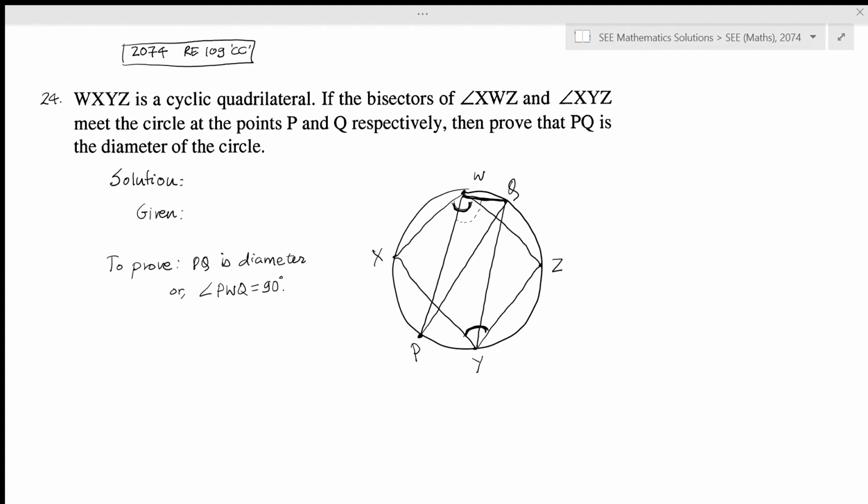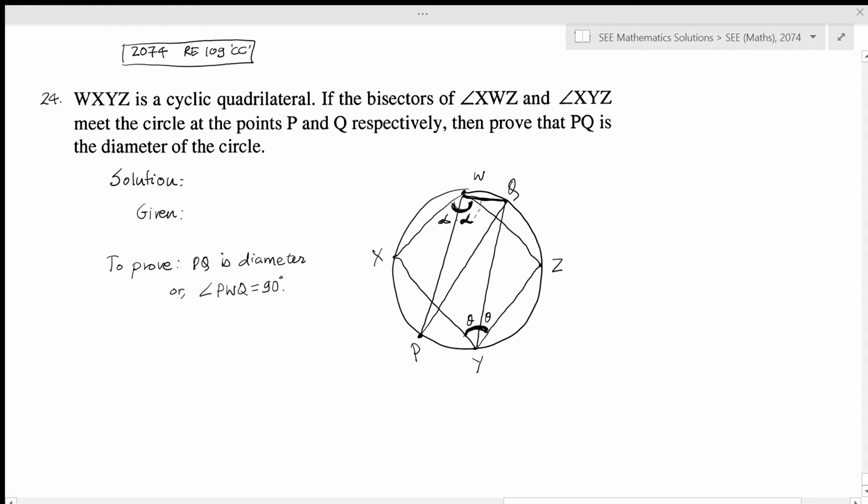So what else to do? Let us consider this angle theta and theta, because these two angles are equal, and since this whole angle was bisected by this line, let's say this angle is alpha, this angle is alpha.